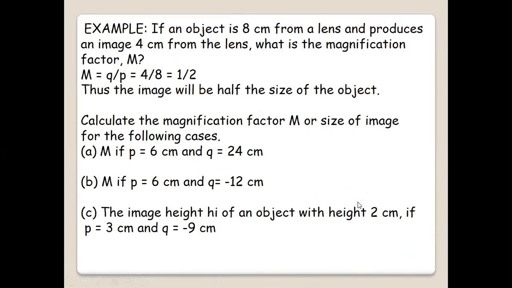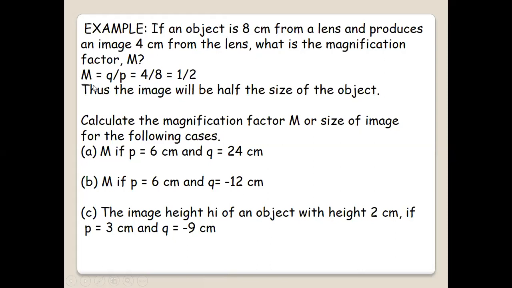So this is how you are going to solve the concave lens problems, and again there are a few questions related to that. Now this is a question example for magnification only. If an object is 8 centimeter from a lens and produces an image 4 centimeter from the lens, it means 8 centimeter is your object distance and 4 is your image distance.